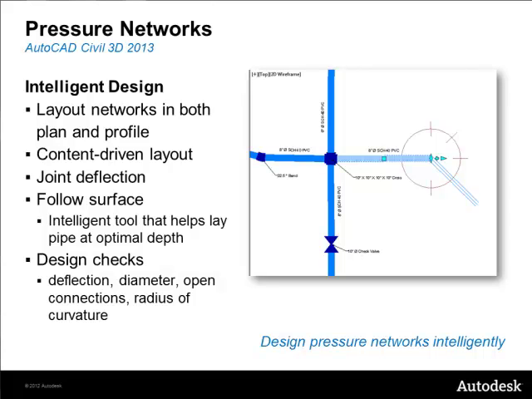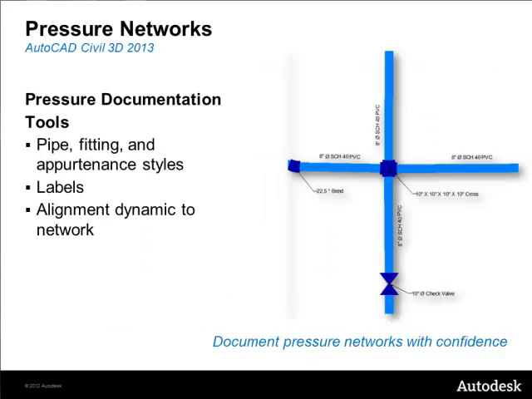A visual compass helps you to find just the right bend, while the follow surface tools help you to place the pressure network at an optimal depth. Built-in design checks help you meet the manufacturer and local standards for deflection, diameter, connectivity, and radius of curvature. The new pressure network features include a complete set of tools for labeling and annotation.